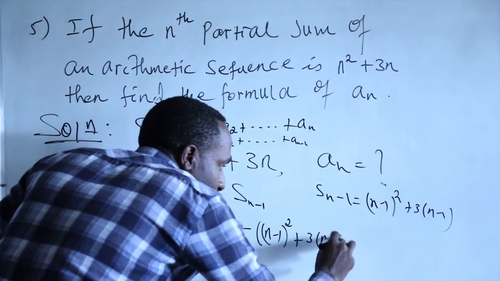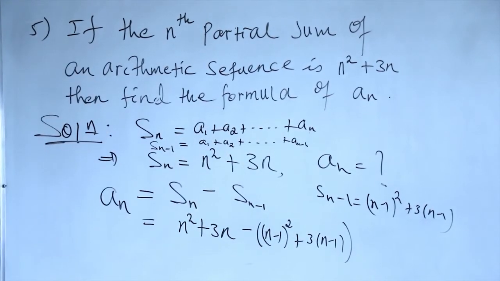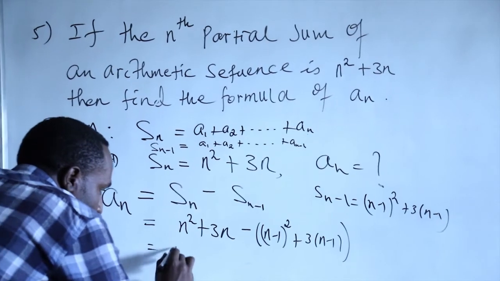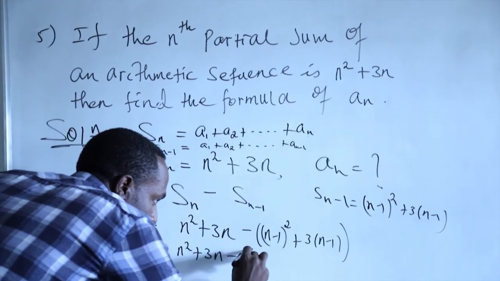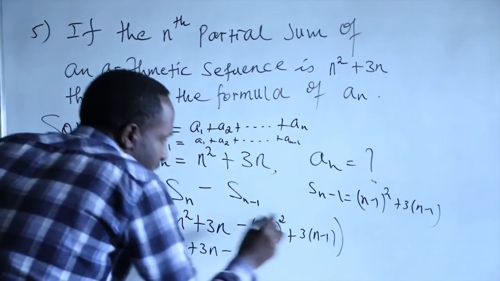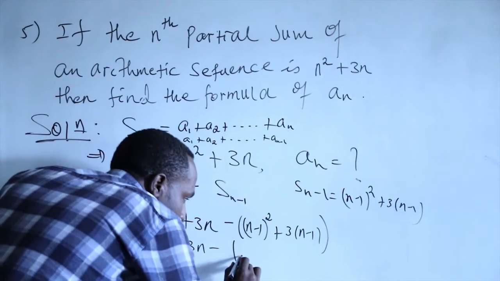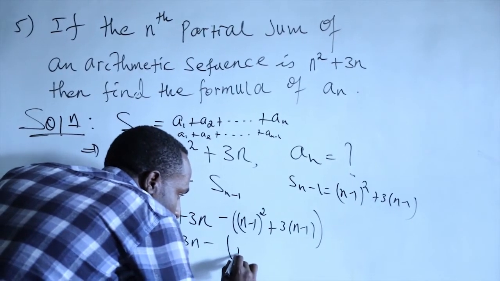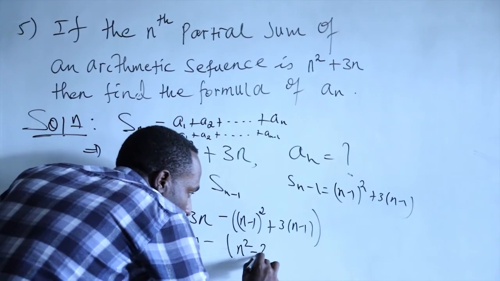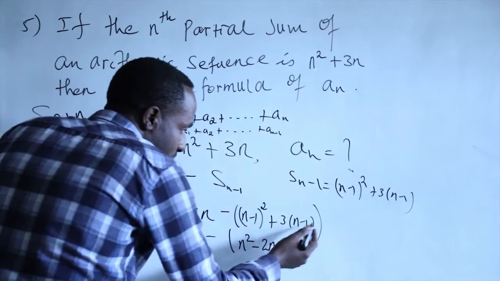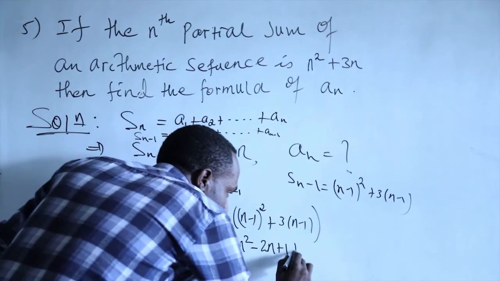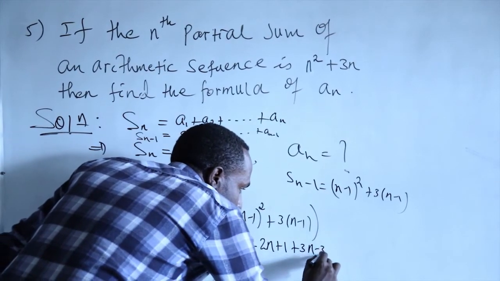So this is exactly equal to n squared plus 3n minus the square of n minus 1, which by the binomial formula is n squared minus 2n plus 1, and again 3 times n minus 1 means 3n minus 3.